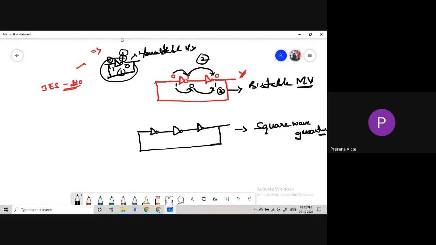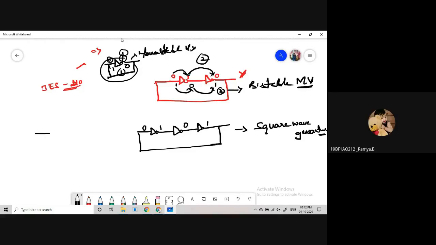On and off, in the sense of giving 0, here we are getting 1 and then 0 and then 1, right? If I'm taking the first input as 0, then what is the output of the first NOT gate? 1.